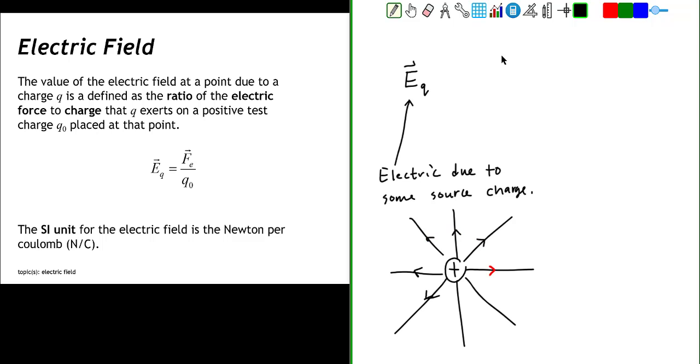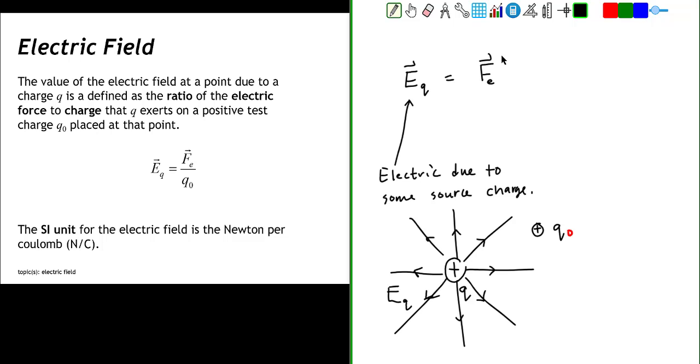This depicts the electric field of a positive charge. This positive charge is our source. Now that electric field is directly proportional to the force that is exerted on our test charge in space. If we place our positive test charge right here, I will call this positive test charge Q naught.